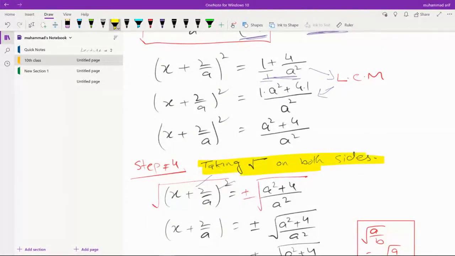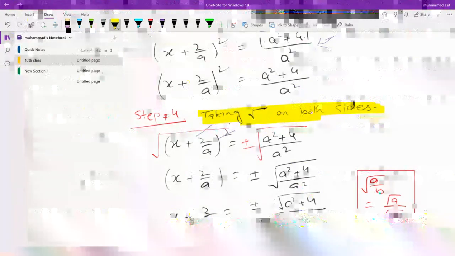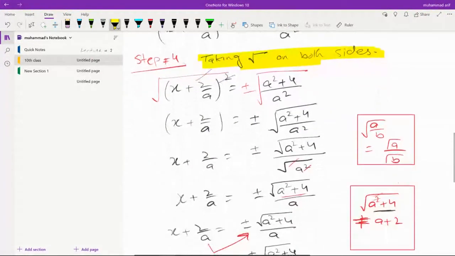And what is step number 4? Just taking square root on both sides. When we take square root, 2 will be cancelled by square root, and we are left on left hand side with x plus 2 by a. On right hand side we have plus minus square root of a square plus 4 by a square.